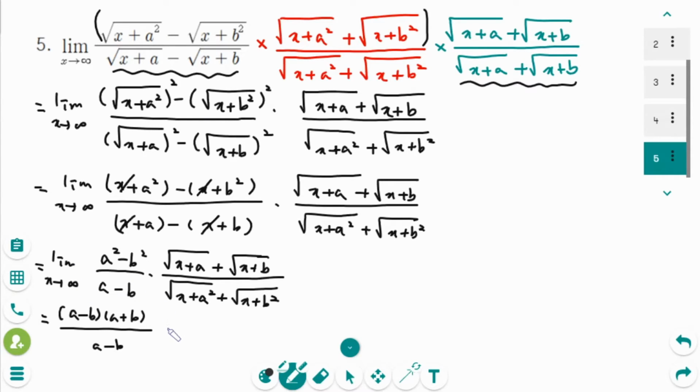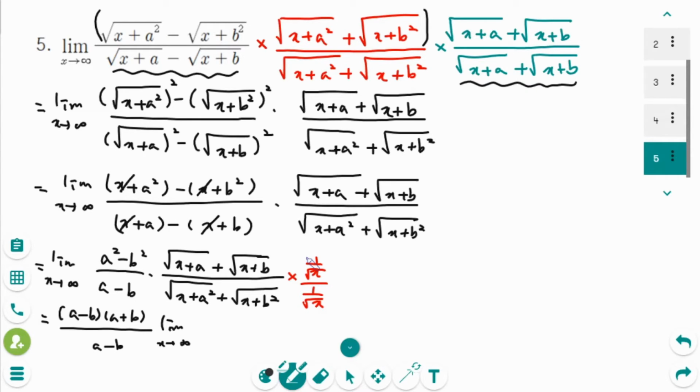limit x approaches infinity. This one is the same. When you put infinity into x, this one and this one makes infinity over infinity form. So times 1 over square root of x, like this.